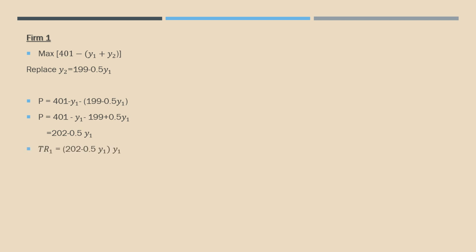From here, I get the total revenue of Firm 1: (202 minus 0.5 Y1) times Y1. I take the first order condition of the total revenue and get 202 minus Y1. When marginal revenue equals marginal cost, which we call the optimality condition, I get 202 minus Y1 equals marginal cost, which is 3.